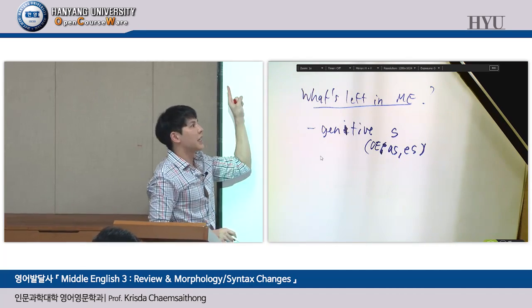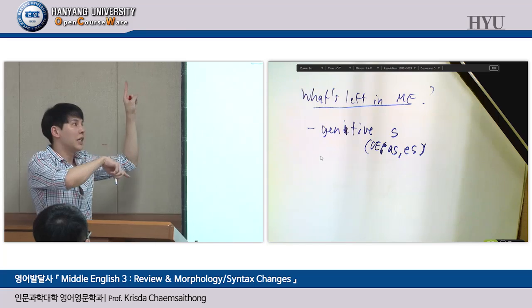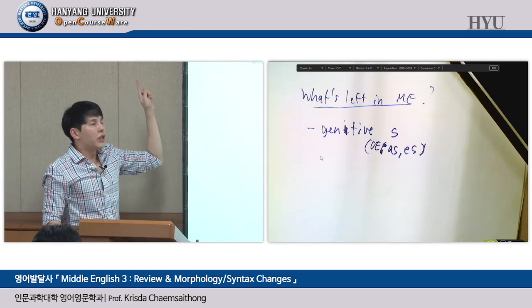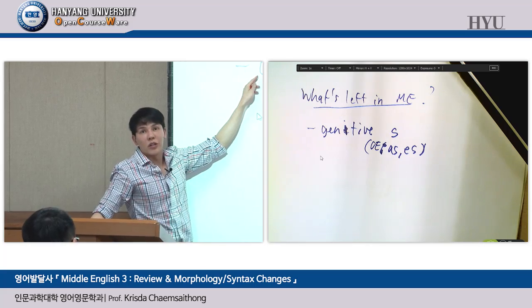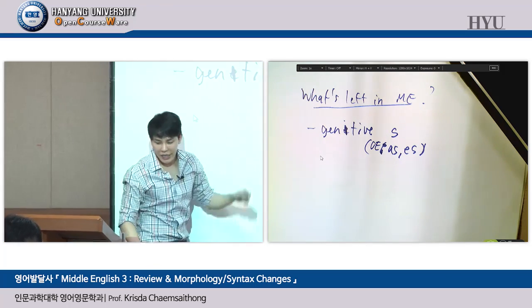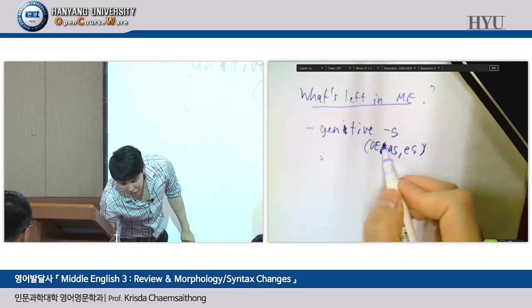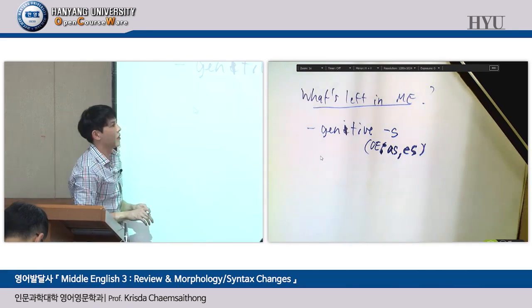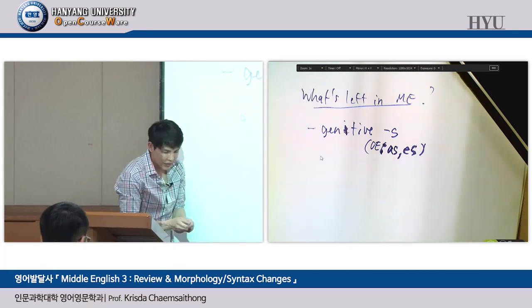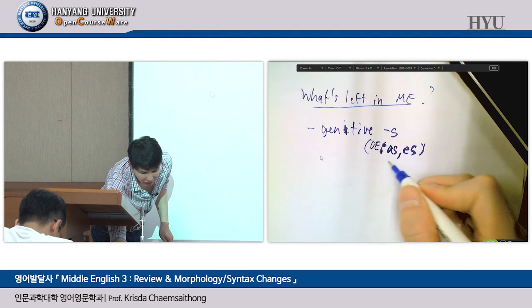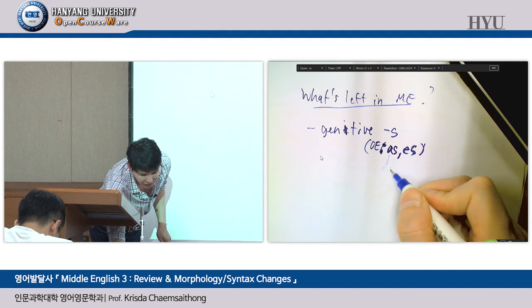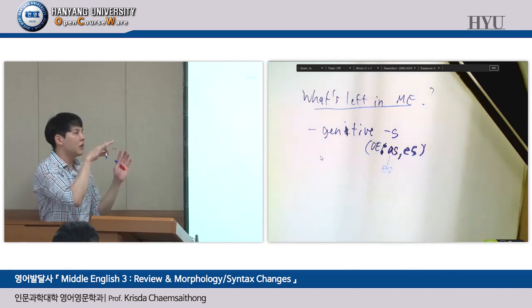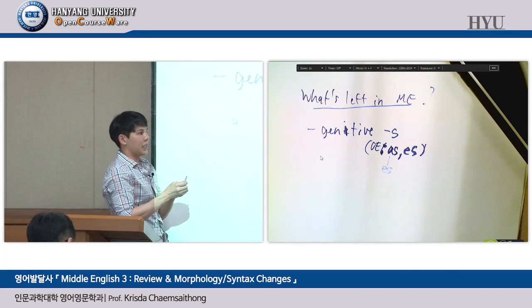So the first thing that's left, as you saw from the examples that I showed, is the genitive marker S, usually from Old English AS or ES. The AS will be reduced to schwa, spelled with ES like that, and then the E will go out, leaving only the S, right?